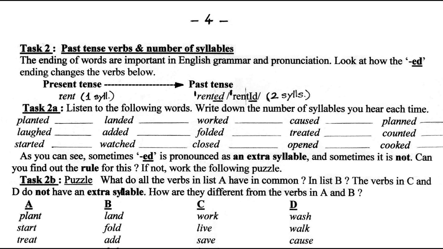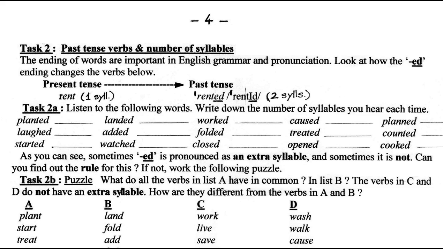Great. As you can see, sometimes ed is pronounced as an extra syllable, and sometimes it is not. Can you find out the rule for this? If not, work out the following puzzle. So we carry on, and later on we are going to deduce the rule.